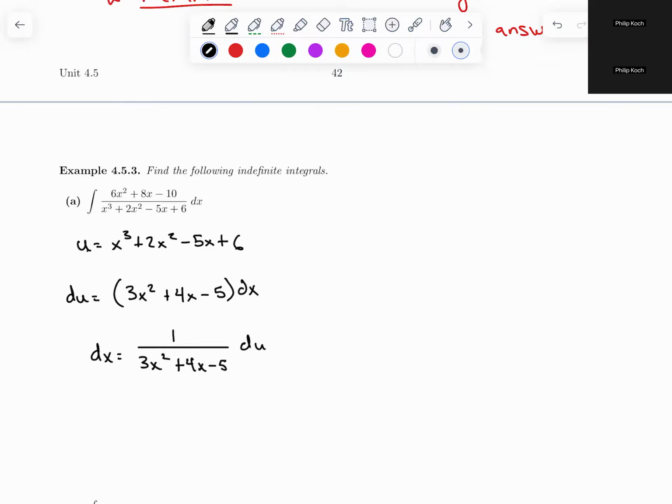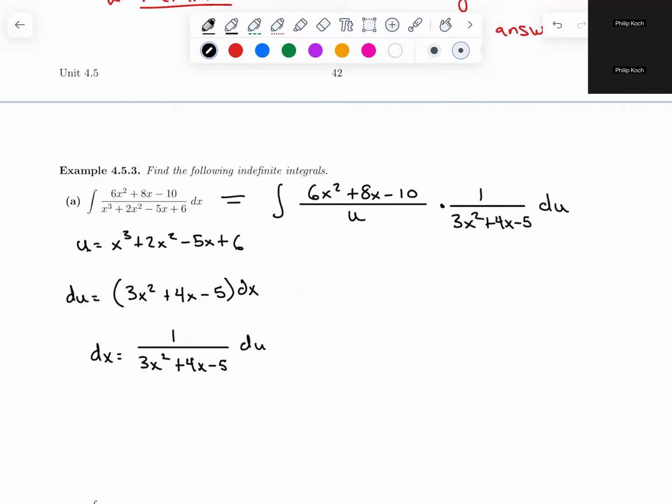We're solving for the original variable's differential. So substituting that into the equation, let's see what happens. This equals the integral of 6x squared plus 8x minus 10, all divided by u. We declared that the denominator was equal to u, so we just get to write a u in its place. And then multiplied by dx, but we just solved for dx down below: dx is equal to 1 over 3x squared plus 4x minus 5 du.